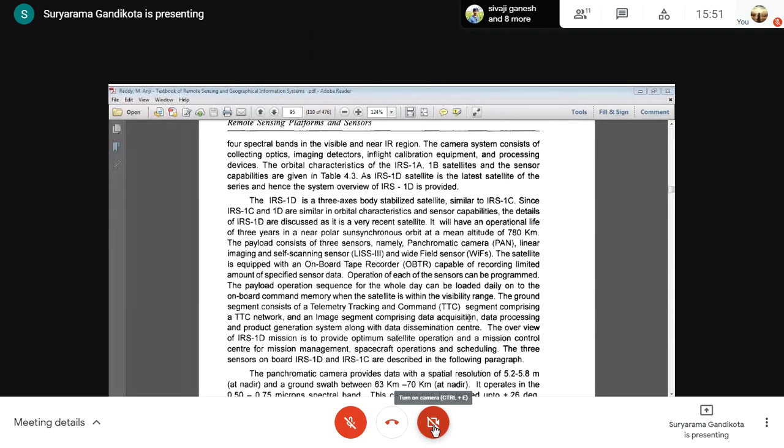Operation of each of these sensors can be programmed. The payload operation sequence for the whole day can be loaded daily on the onboard command memory when the satellite is within the visibility range.